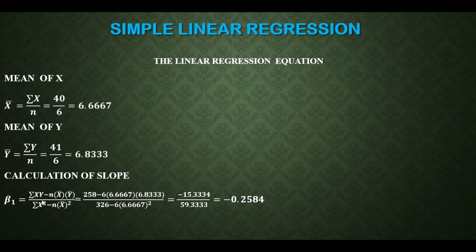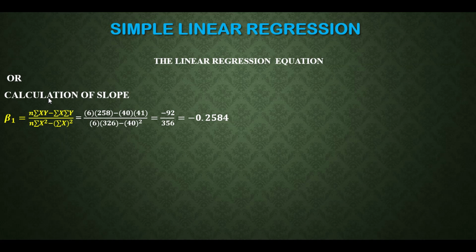Having known this formula, we know summation xy to be 258, n, the sample size, is 6, x bar is 6.667, and y bar is 6.833, all over summation x square, 236, minus n, the sample size, into x bar square, that is 6.667 all squared. This gives us minus 15.334 all over 59.33, and our slope is minus 0.2584.